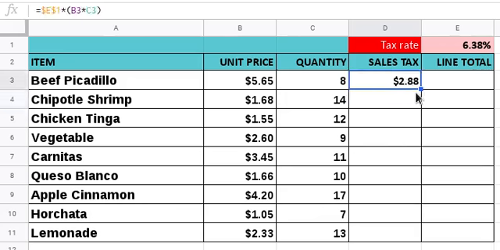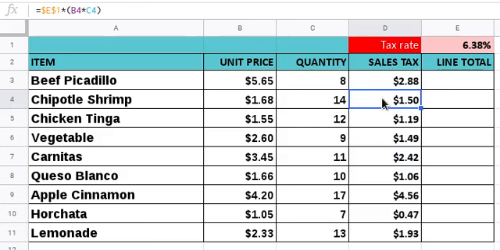Why did we use the absolute part of the formula? It's because we want to use the fill handle here. Now we can fill this formula downwards using the fill handle and we don't get any problem. You'll see that no error comes in. When you click on the second item to see the sales tax, it is 1.5.